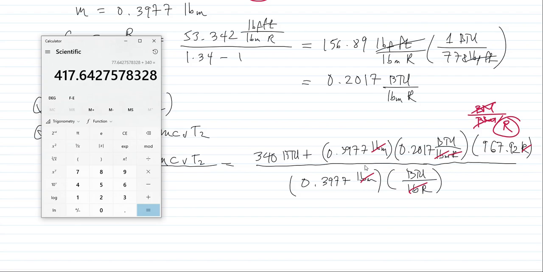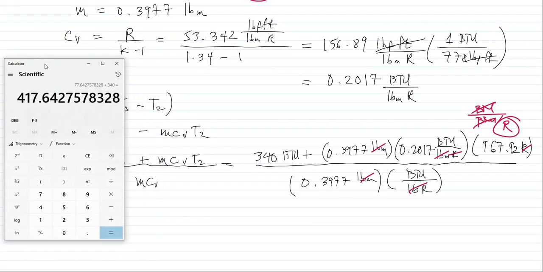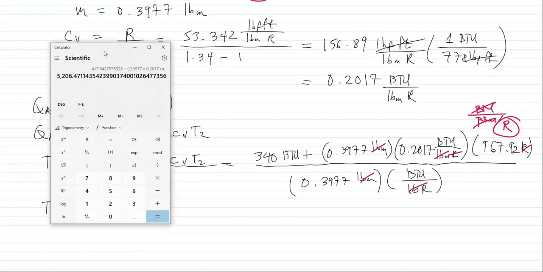And we will divide this by the product of the mass times the C sub V. I forgot to write here the value for C sub V. Anyway, we will divide that by the product of the mass, 0.3977 times C sub V, 0.2017. Okay, so the answer is 5,206.